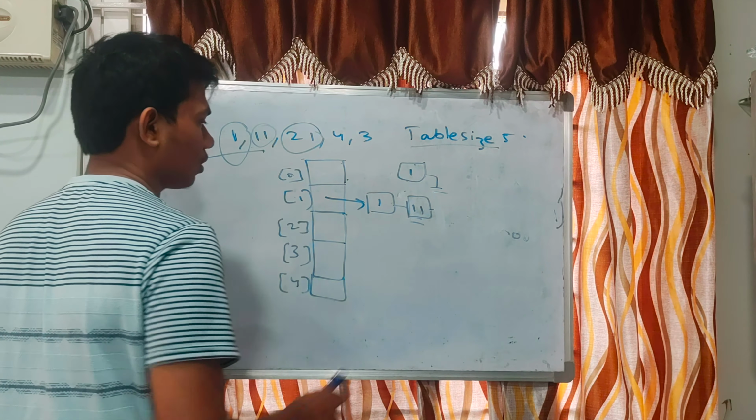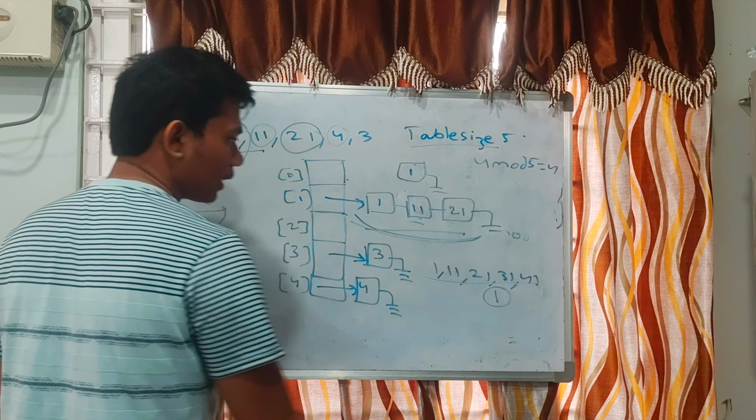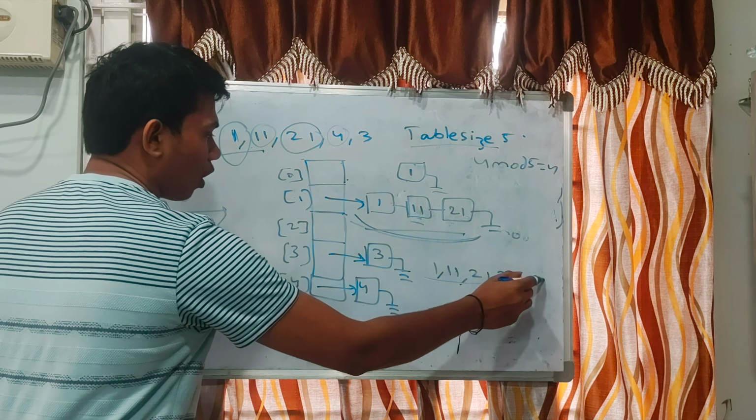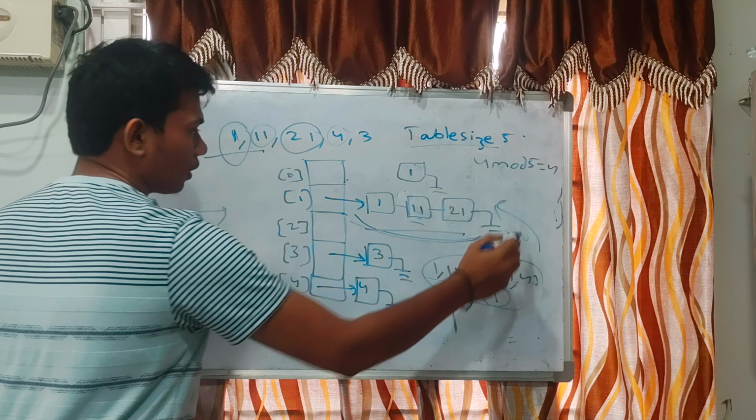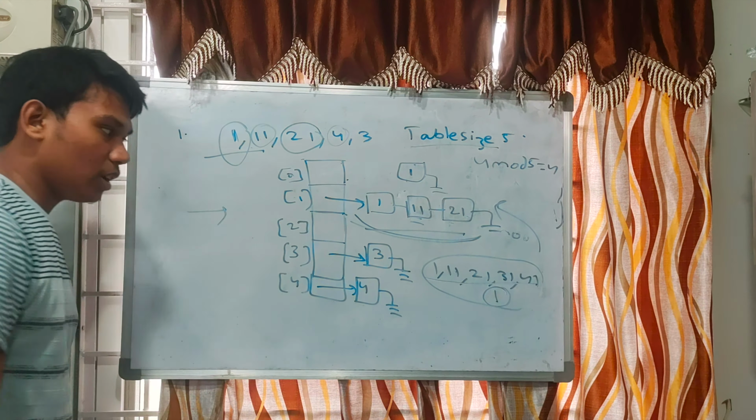Now let us discuss a worst case. Suppose the elements are 1, 11, 21, 31 and 41. If we apply the mod function on all these elements, they all generate 1 as the index number, so we have to store all these elements in the linked list. If we want to retrieve the element 41, we have to search through all these elements.